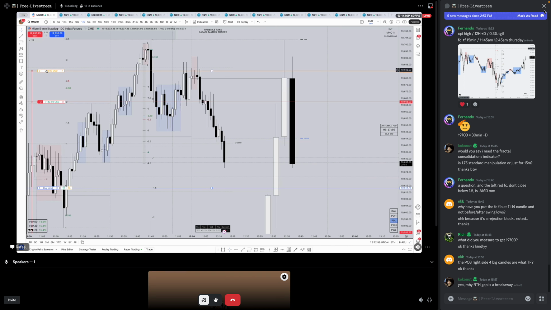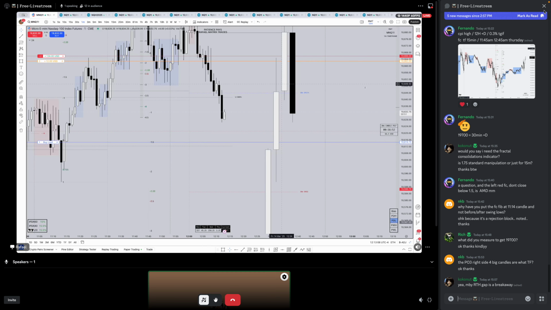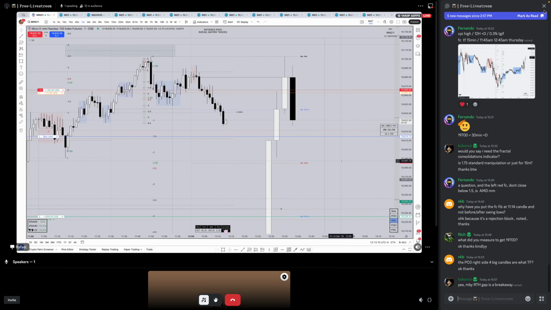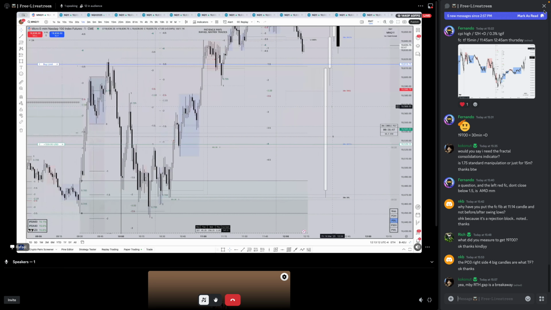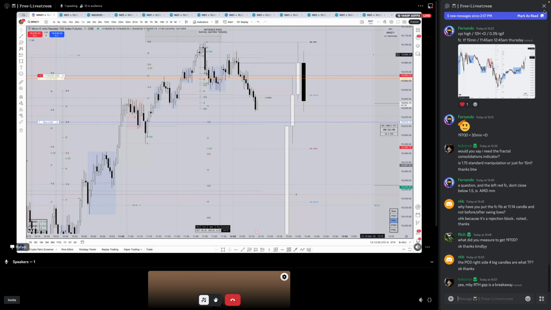That's the TP2. Stop above, below break even. 663. And maybe this one move to the opening. Now, whatever happens, it's fine.